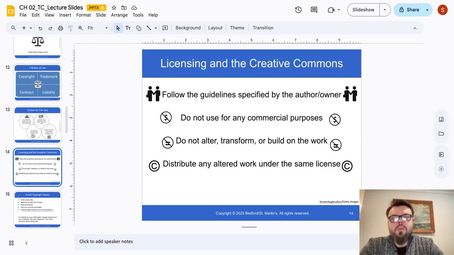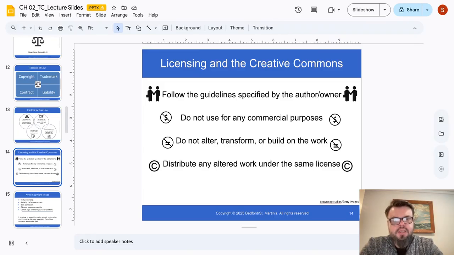A trend the chapter points out is that many creators now attach licenses that specify what others are allowed to do with their work. One of the best known systems is Creative Commons. Creative Commons doesn't mean free for anything. It means the creator is explicitly stating which rights they keep and which rights they allow others to use.